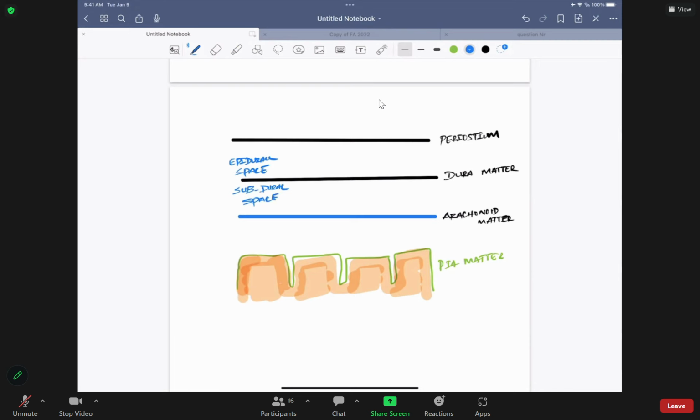And below arachnoid matter, subarachnoid space. In subarachnoid space, these dots are your CSF, folks, okay? So your CSF fluid is there.